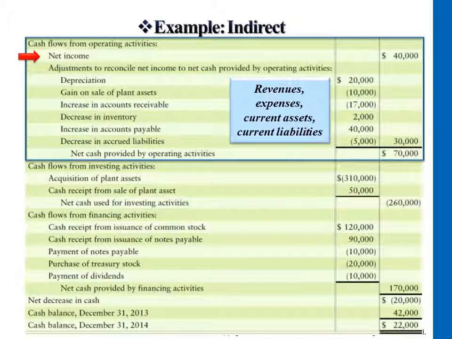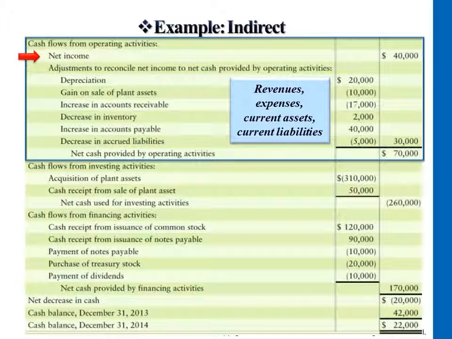Another example: sometimes we have utility payable or salary payable, but at the same time we still record salary expense and utility expense. So in that $40,000, some of the expenses that have been subtracted are not really cash expenses.